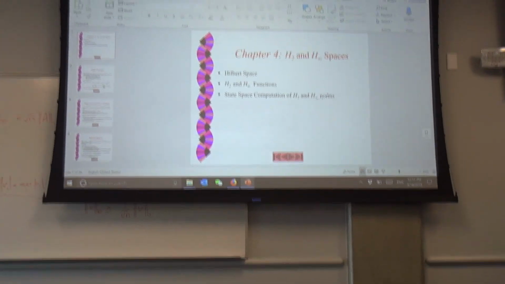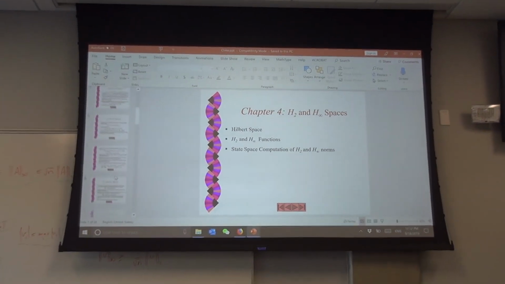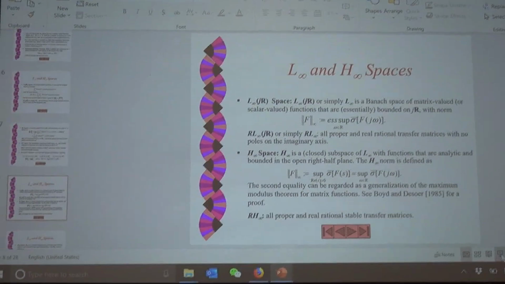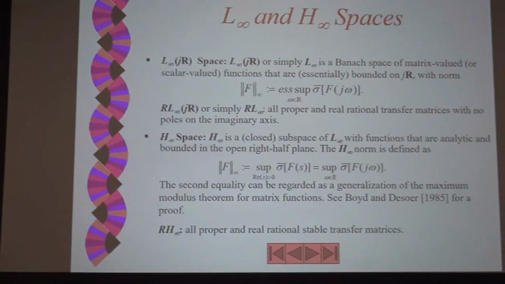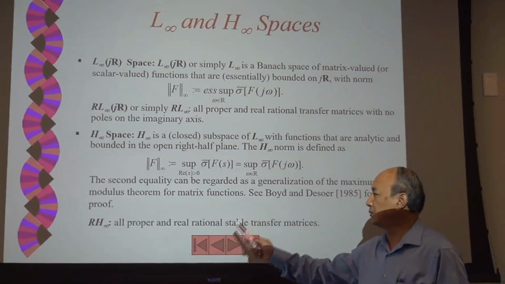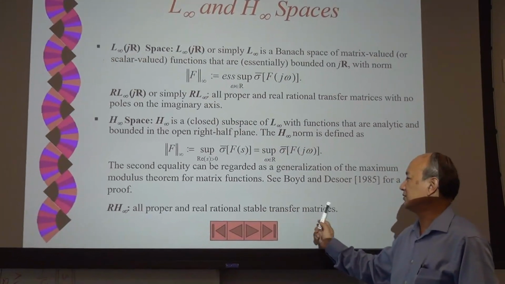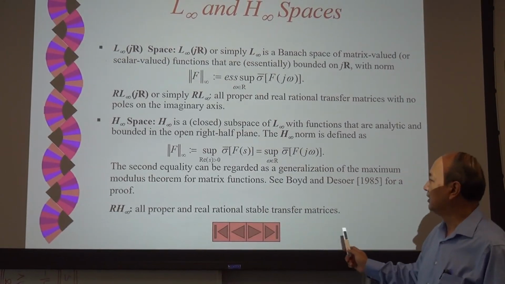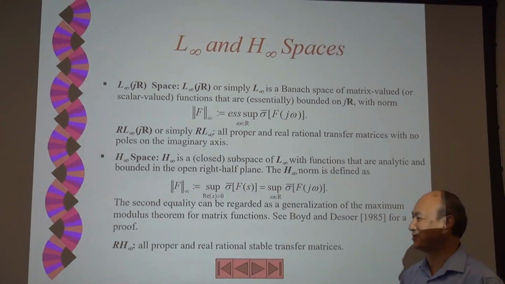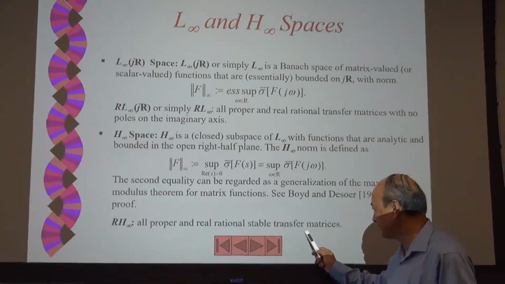So in here, I want you to look at the definition here. Okay, it's here. So it's called all proper, real, rational, stable transfer function matrices. So I wish to say transfer function matrices. Okay, transfer function should have function.